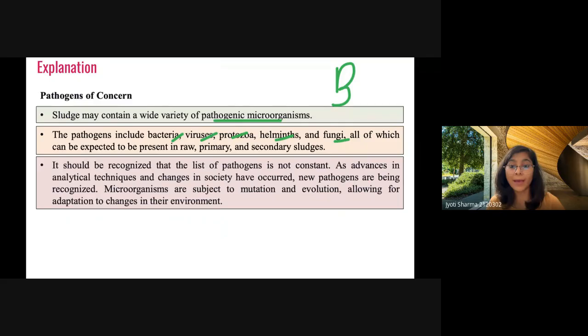And some of the pathogens that we have, we haven't identified yet, right? So this is very important for us, that if we do have sludge and in that sludge we have pathogen, we should not throw it away directly.